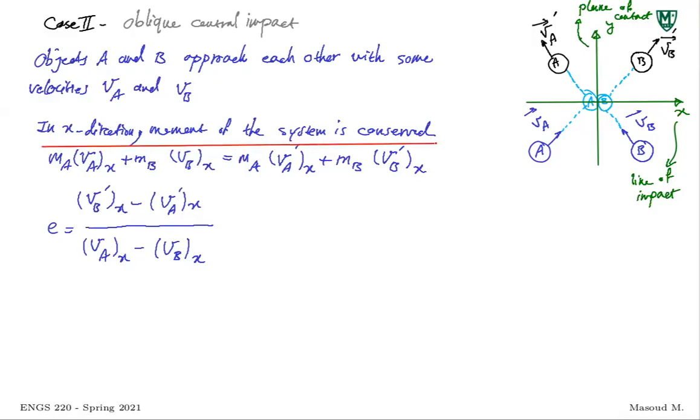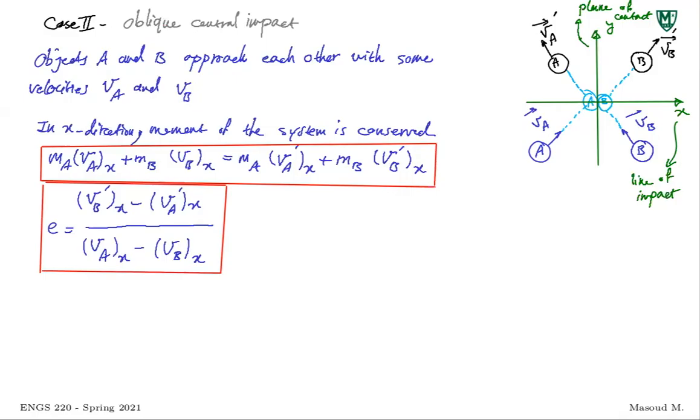Having these two equations, you find the X component of velocities after the impact, VA prime X and VB prime X. You have now two equations, two unknowns, assuming that you know E, the coefficient of restitution, which experimentally can be calculated and you're given.